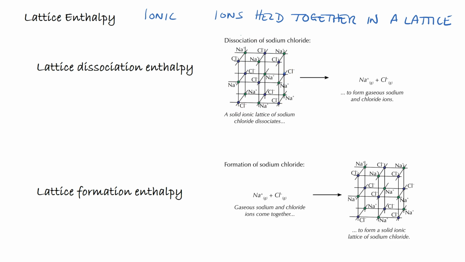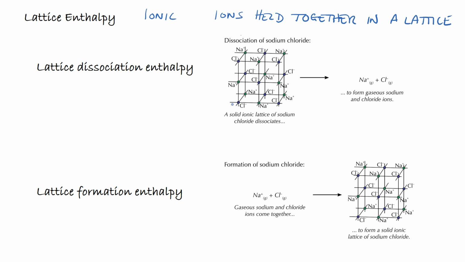Now, in order to separate the chloride ions from the sodium ions, we have to break the ionic interactions between those ions, and overall we have to overcome the lattice dissociation enthalpy.